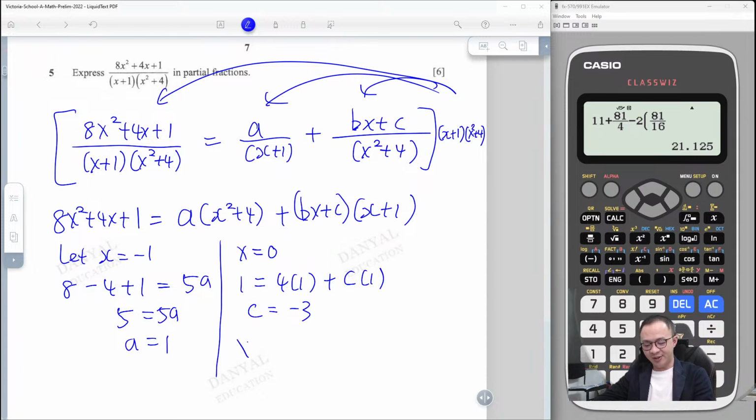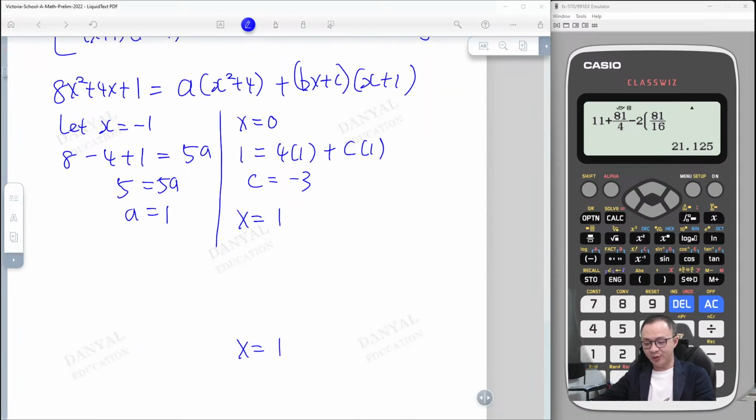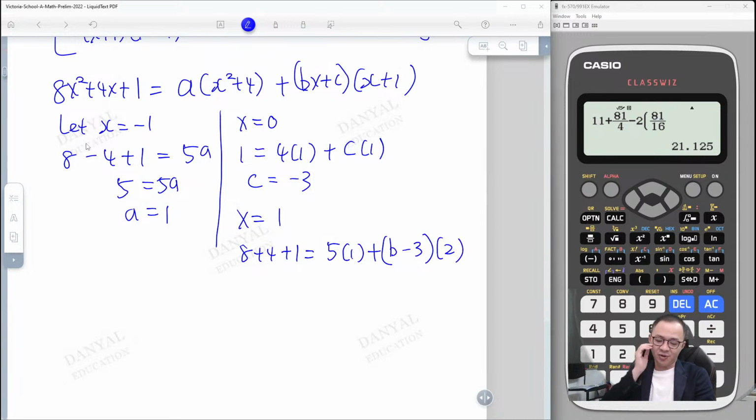Lastly, maybe I let x equal any number, 1. Okay, let's do when x equals 1. So I have 8 plus 4 plus 1 equals 5a, which is 5, plus b plus c, which is -3, this is 2. Okay, we literally need to solve this one. 5 and 5 are minus, no more 5. Then 8 divided by 2, I will get 4 equals b minus 3.